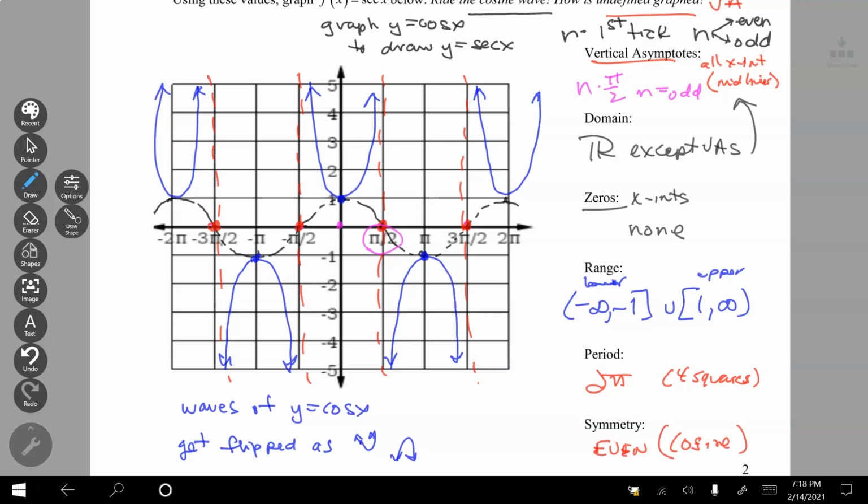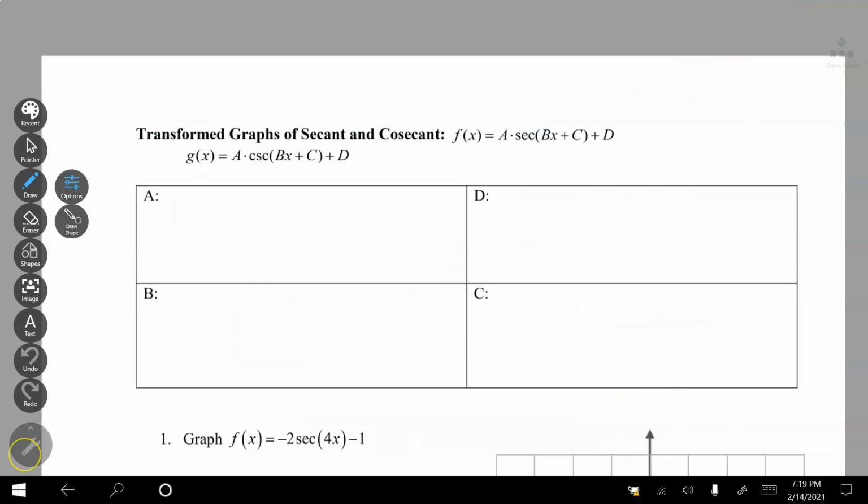So when I draw secant and cosecant graphs, I actually draw sine and cosine graphs first, and I just take what I have and I flip them around. Okay, we're going to do the same 4 letters that we did with the other graphs, except they're not always the same because of what we have. A is a vertical stretch or compression for any graph, but secant and cosecants do not have amplitudes.